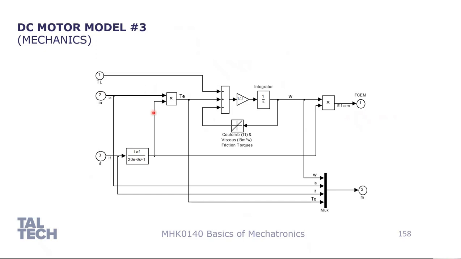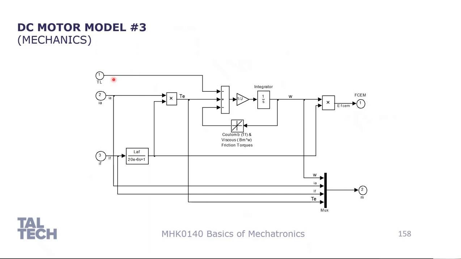I mean, what we can do, we can calculate the electromagnetic torque from the armature current. We need to have the magnet flux to calculate the electromagnetic torque. The magnet flux is coming from the field current that is here, and here you see the transfer function that takes into account all the dynamics that's happening inside, and the system is not linear, so we need to have this in mind.